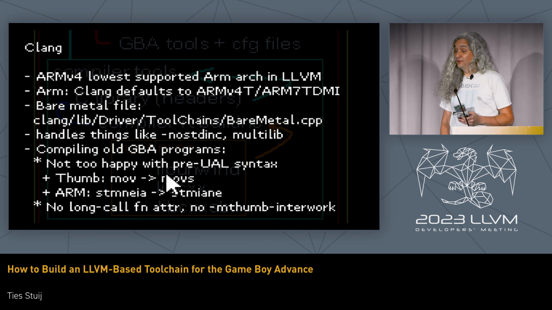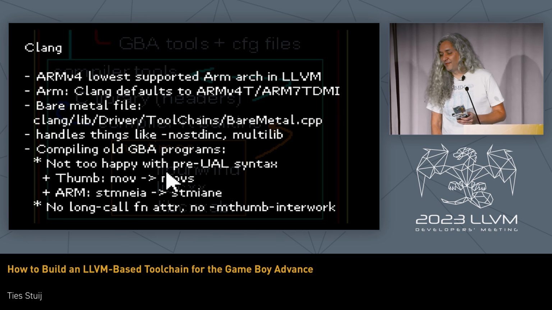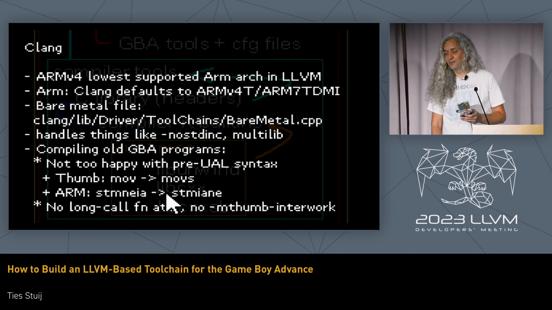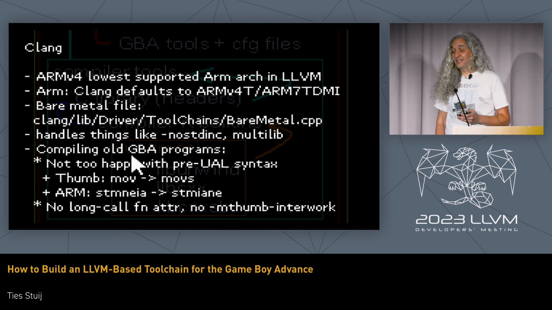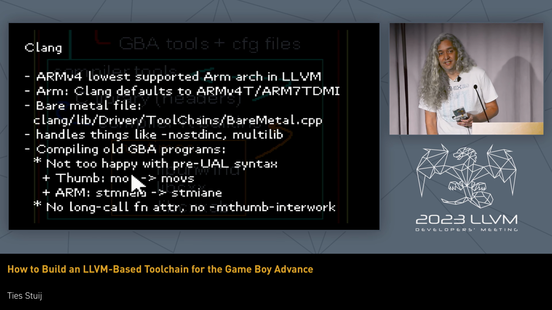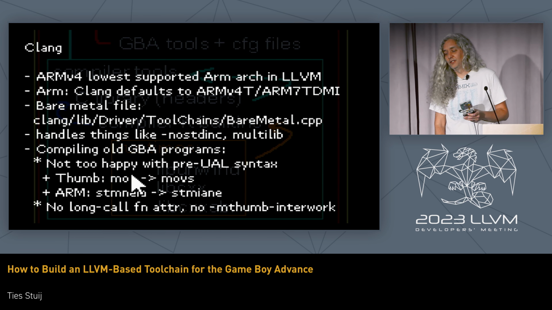Issues that I ran into with Clang: LLVM wasn't really around when we cared enough about ARM7TDMI. Like the assembly syntax that we used to use, that a lot of these open source projects use, that you can still compile with DCC, no problem, with just minor differences.